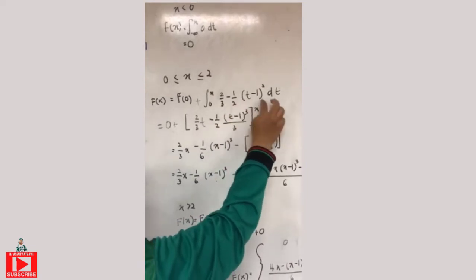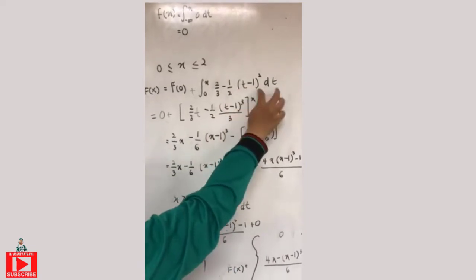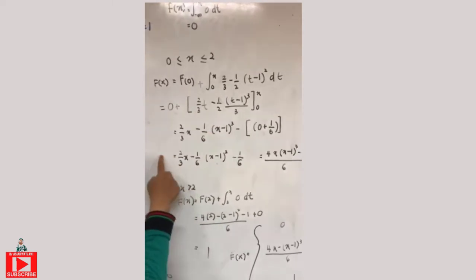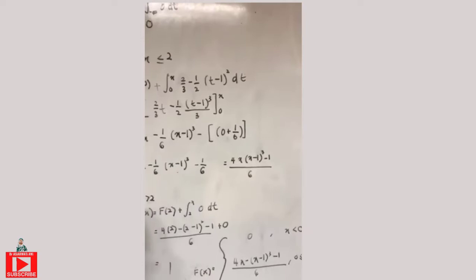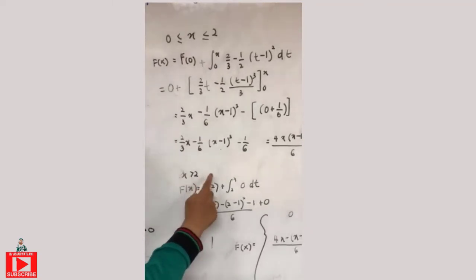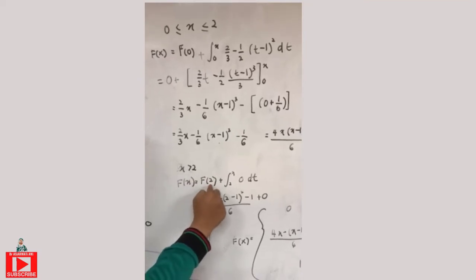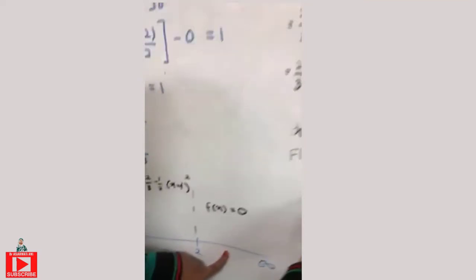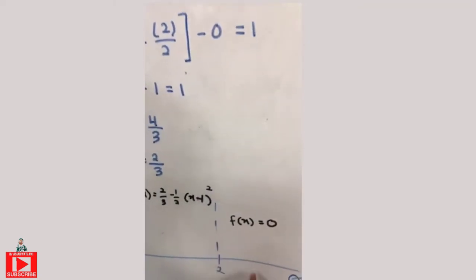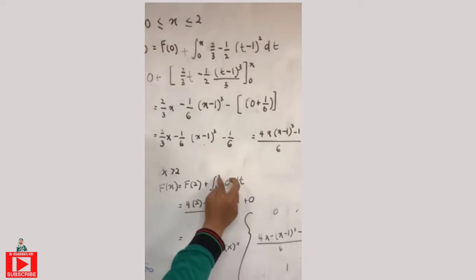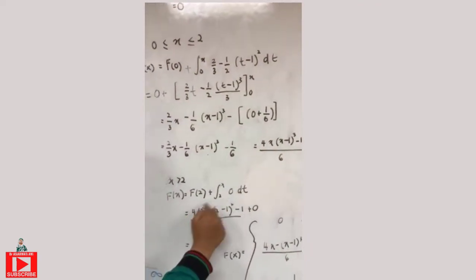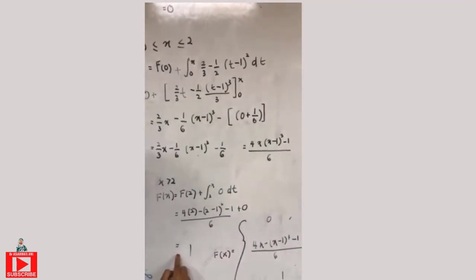Then cari ni integrate masuk dalam ni, dan kita masuk kira-kira dapat ni. Okay. Lepas tu x more than 2, masuk dalam function kiranya f(2). Ni from negative infinity to x, right? Yes. Okay. Then plus 2 to x 0 dt, dan kita buat masuk dalam formula, kita akan dapat equal to 1.